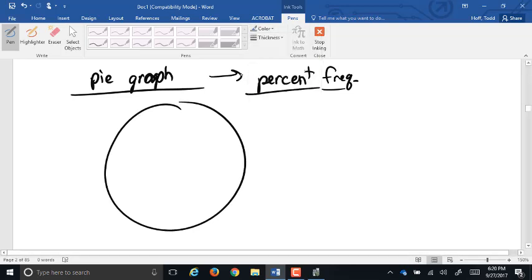Now, if this were a course 20 years ago, we'd calculate what percent that is, how many degrees that is out of 360, and then use a protractor to measure it out. Well, we have technology that does that for us now. If we wanted that perfect of a pie graph, we'd go in Excel or something else.